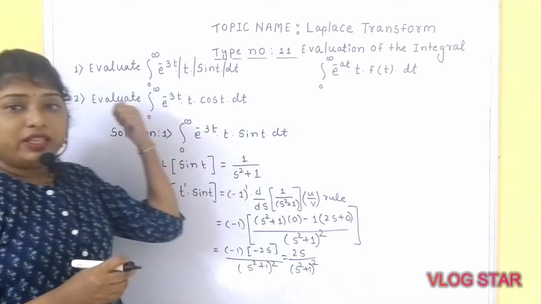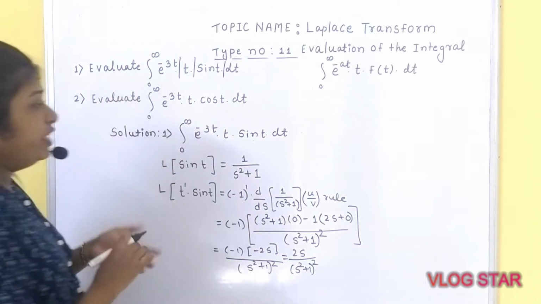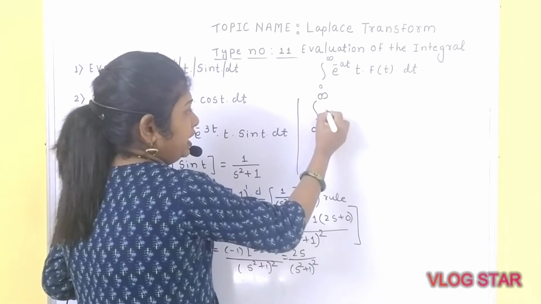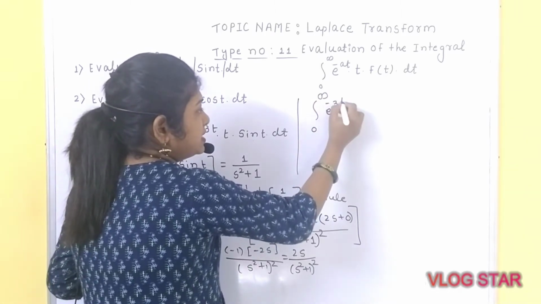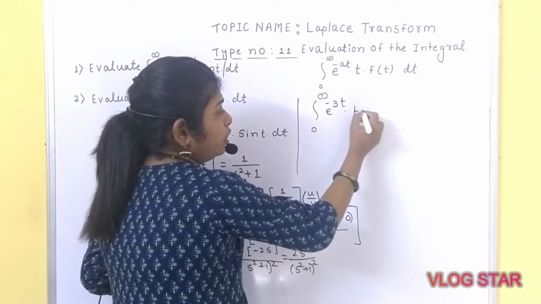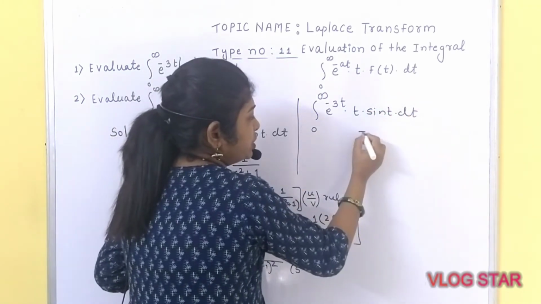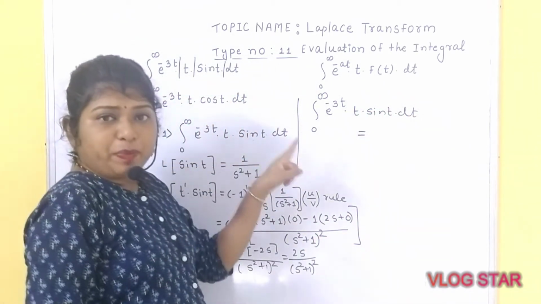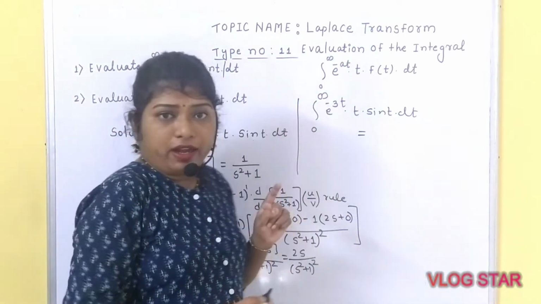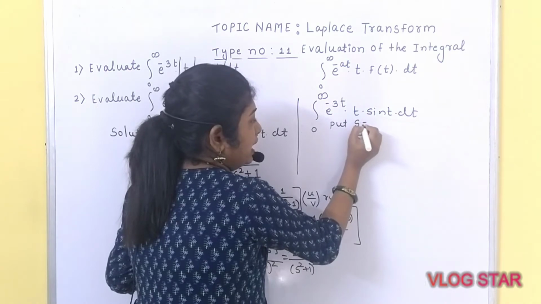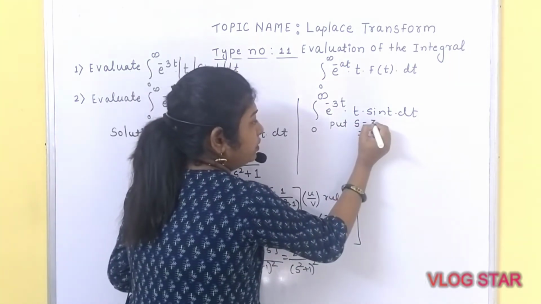But what is given in the question? We have to evaluate the integration of 0 to infinity e raised to minus 3t into t into sin t into dt, which is equal to, as per the evaluation of the integral, we have to substitute s equal to 3.